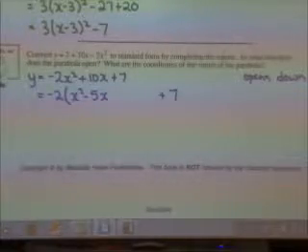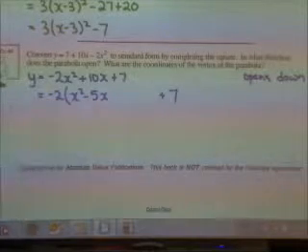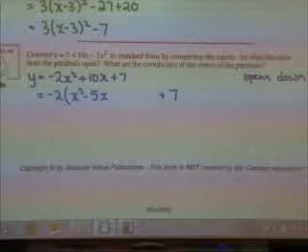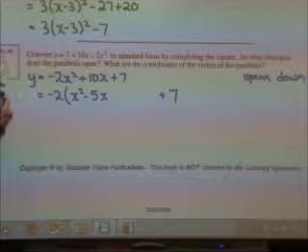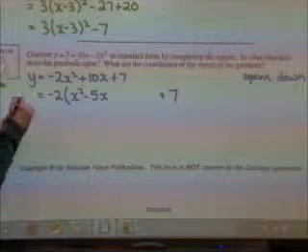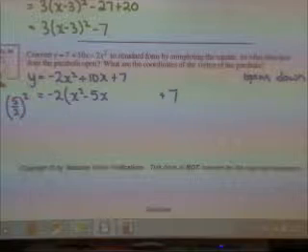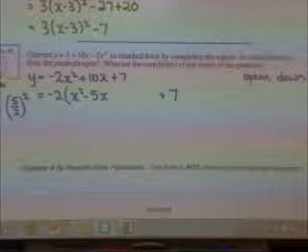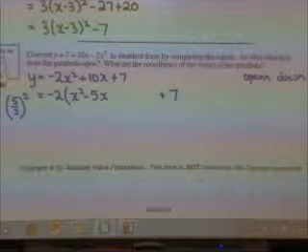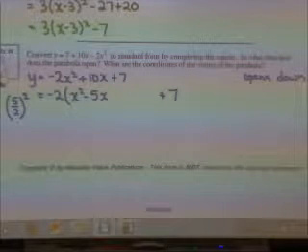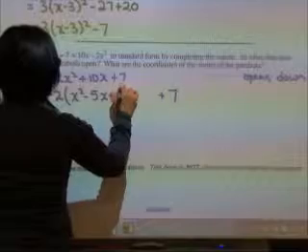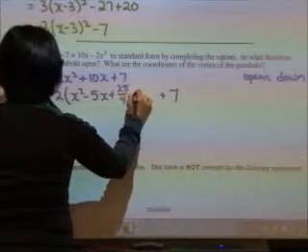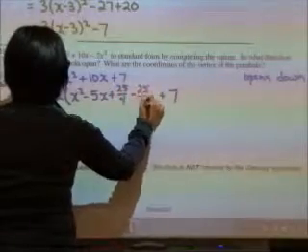So now how do I complete the square inside the brackets? What do I do with 5? Divided by 2. So when I take 5 and I divide it by 2 and I square it, what do I get? 25/4. So I add 25/4 and I subtract 25/4.